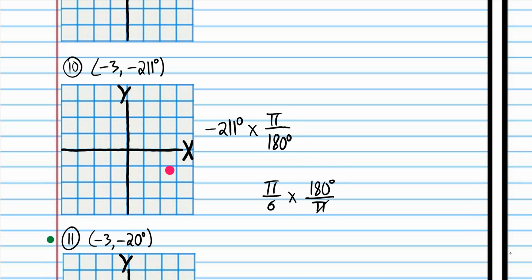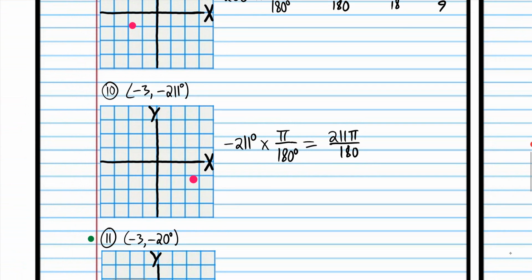And the pi's would cancel out, and you would get 180 over 6, long story short, 30 degrees. But we don't need to do that in today's class. So we end up with 211 pi over 180, and we can just leave it in that form. And actually it should be negative.